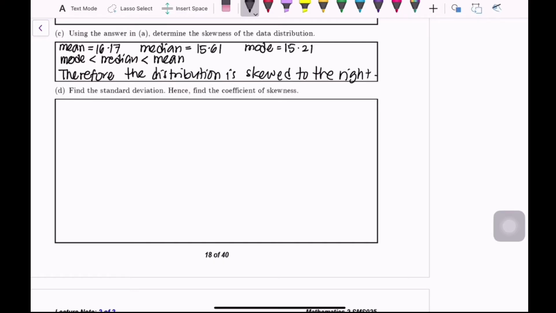First, we look at the table from A. To determine the standard deviation, S is equal to the square root of the sum of fx squared, which is 9095, minus 1 over n, which is 1 over 30, times the sum of fx, 485, then we square it, over n minus 1, which is 29.